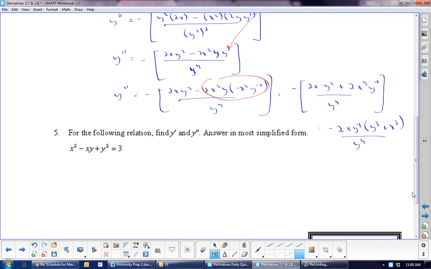Now since we got a y to the negative 1 up top, we can bring that down below, and that would be y to the 5. So that would be negative 2x times y cubed plus x cubed all over y to the 5.